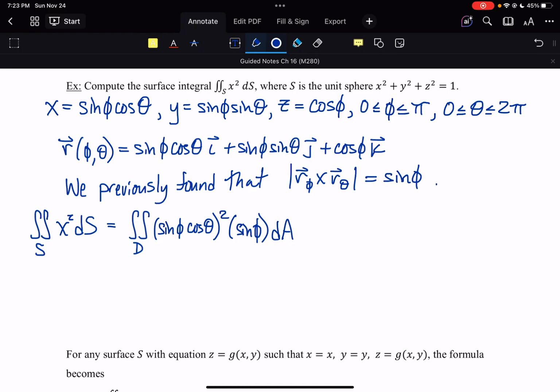In this case, phi and theta are the variables, so that's going to be sine squared phi, and there's another sine there, so that's sine cubed phi cosine squared theta d phi d theta, with phi going from 0 to pi and theta going from 0 to 2 pi.